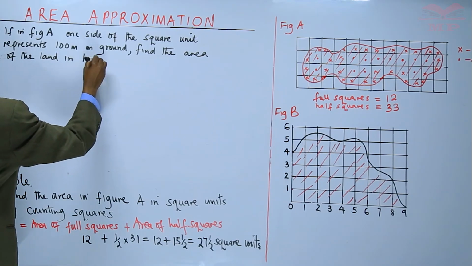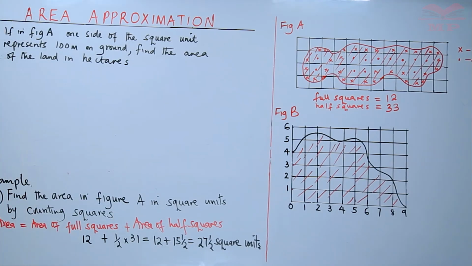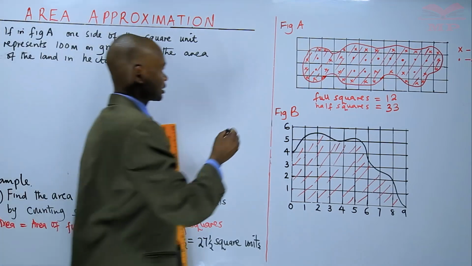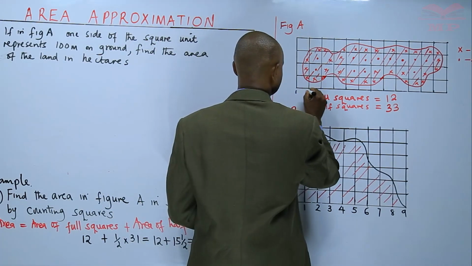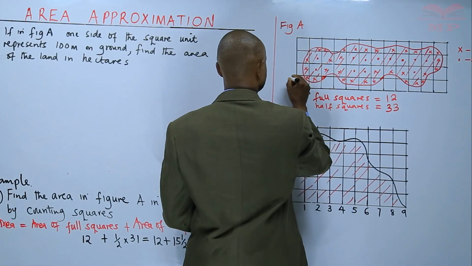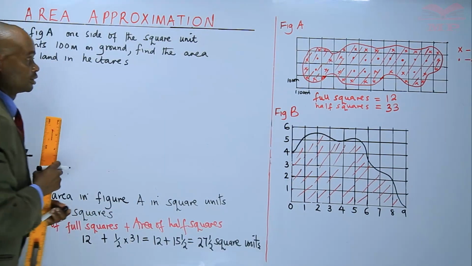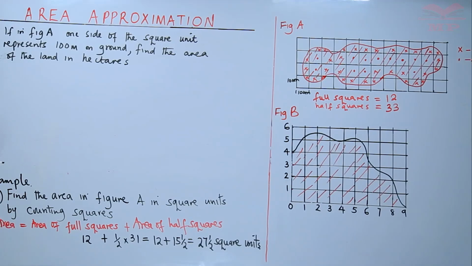in hectares. So what they are saying, Lana, is if this represents 100 meters, this will also represent 100 meters.